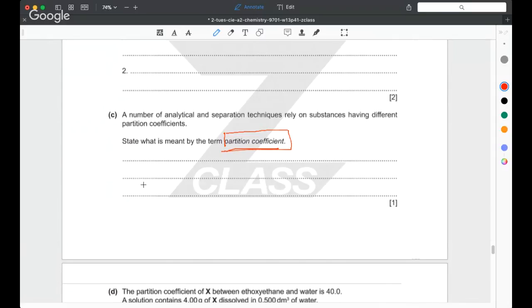And so what's going on here is they're saying you might have a compound X, which is dissolved in an organic solvent. No, get that the other way around. You've got a compound X, which is dissolved in an aqueous solvent, and X can also dissolve in an organic solvent.